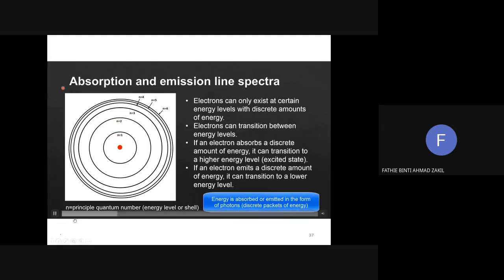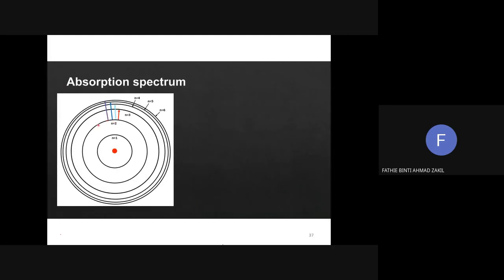Okay, tadi dia bagi tahu bila elektron daripada n1 pergi ke n3, n4, n5, ataupun daripada ground state pergi ke higher state, yang tu dia akan absorb energy.